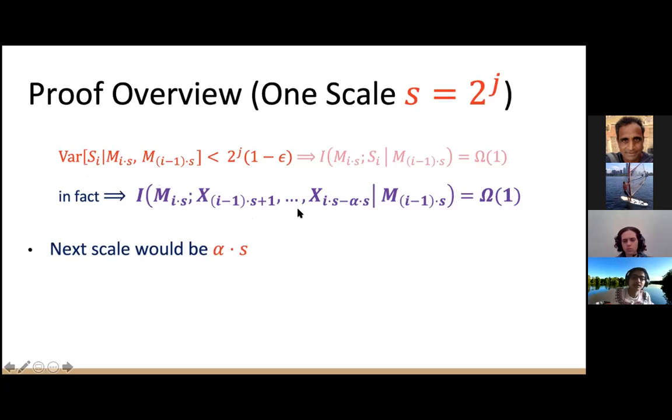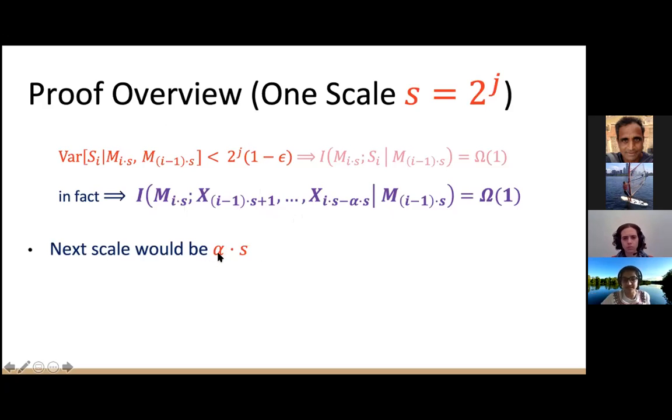Thank you. So now if your block size S was equal to i, let's just look at the second statement and assume that the first statement is true. Then you have proved that Mi needs to have omega 1 bits of information about the first 1 minus alpha fraction of the input stream. Then you change the size of the block to the next scale, which would be alpha times S, instead of S by 2.